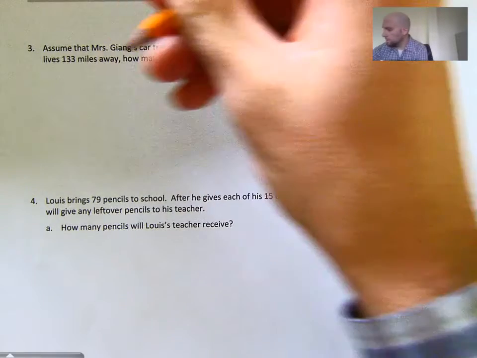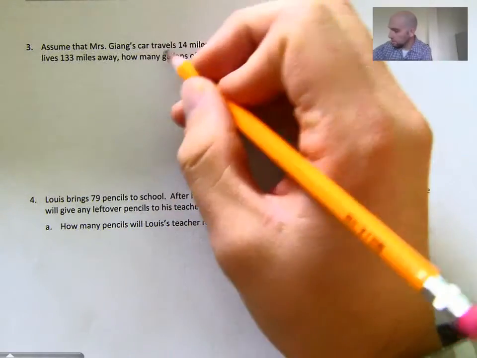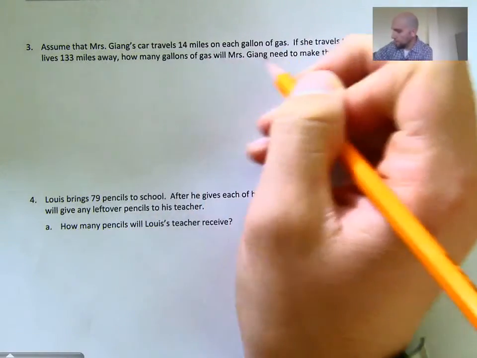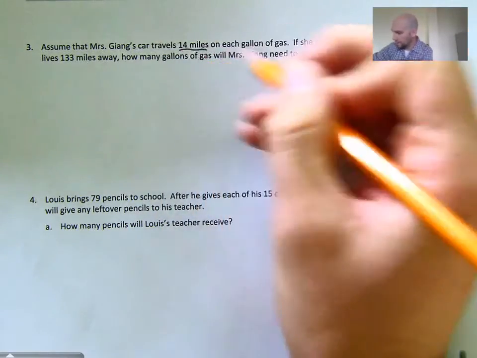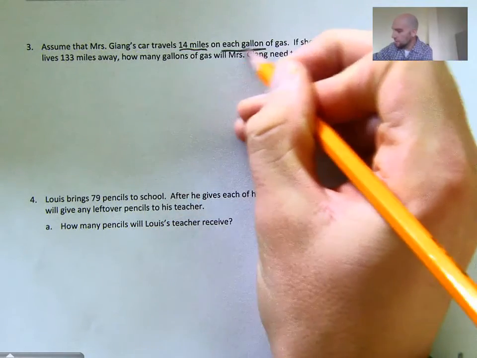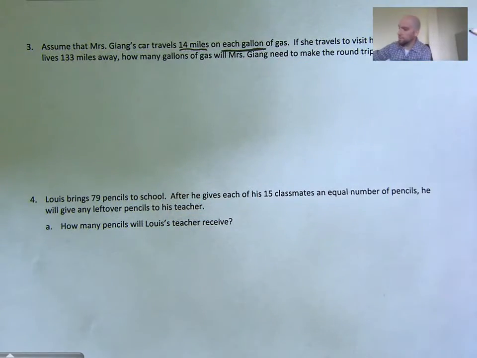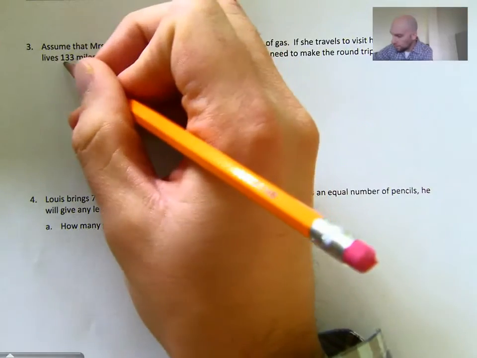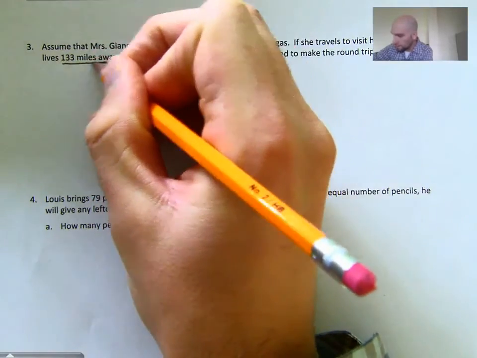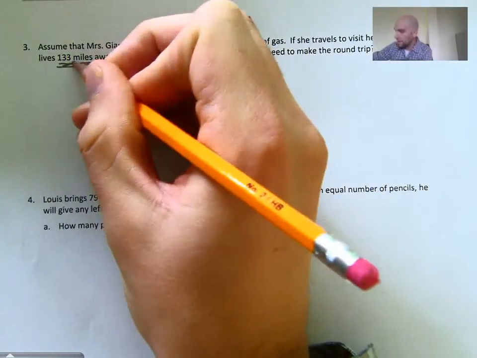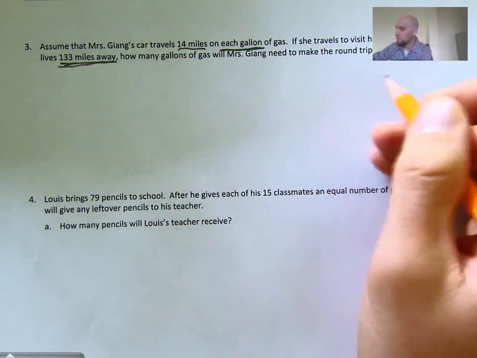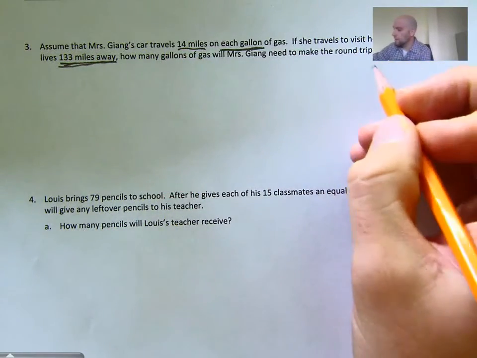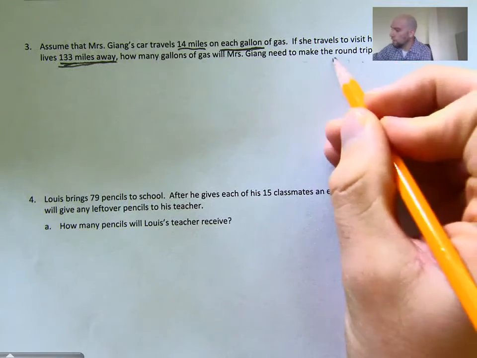So let's underline some information. Her car travels 14 miles on each gallon. She travels to visit her niece, who lives 133 miles away. How many gallons of gas will she need to make the round trip?